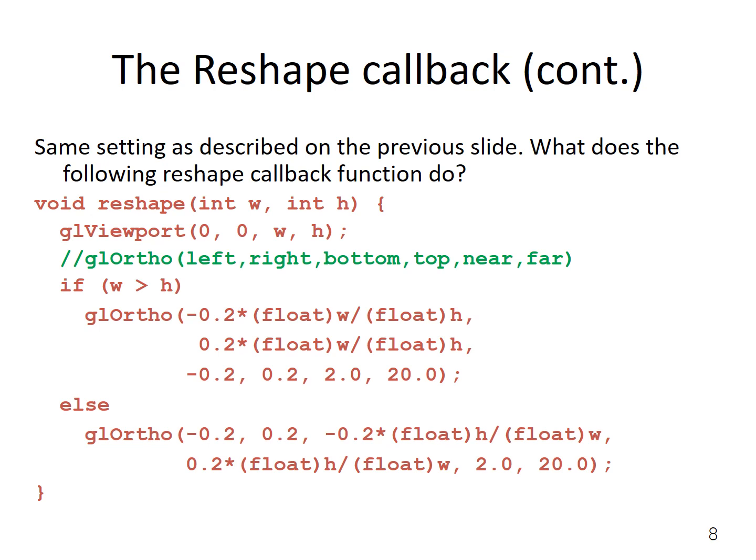This reshape function basically checks if the new width of the window is greater than the height of the window, and if this is true, it will redefine the left and right clipping planes. Otherwise, if the height is equal to the width, or if the height is greater than the width, it will redefine the bottom and top clipping planes of the viewing volume. And the end effect would be the same.